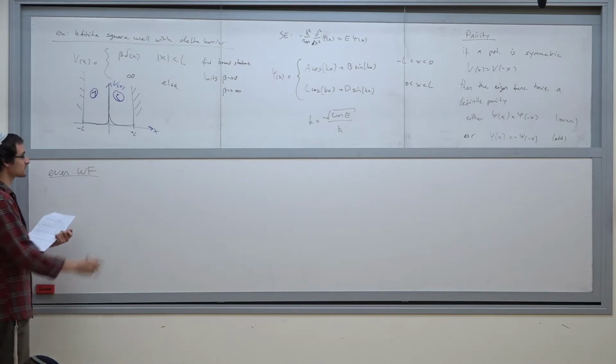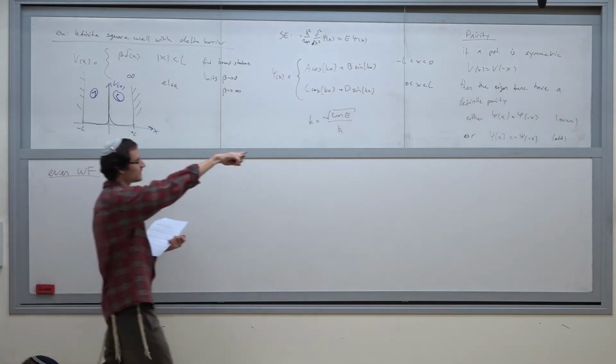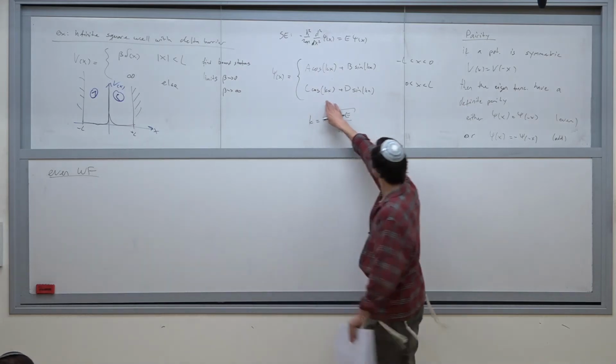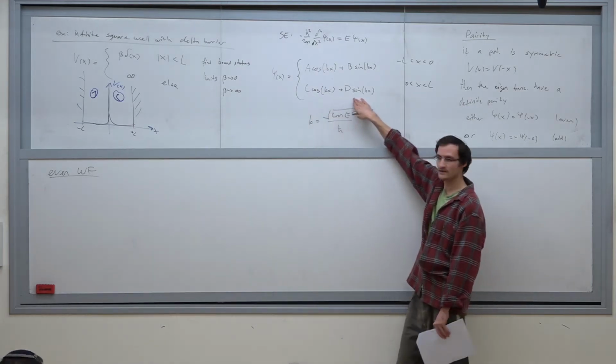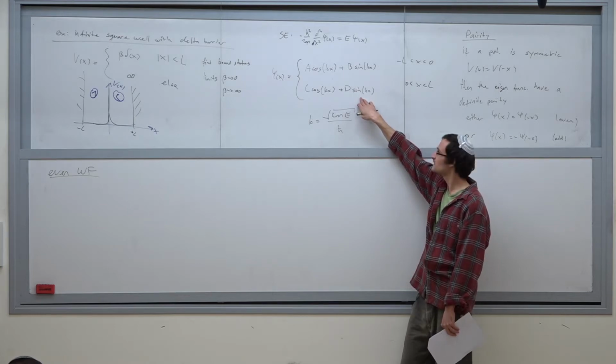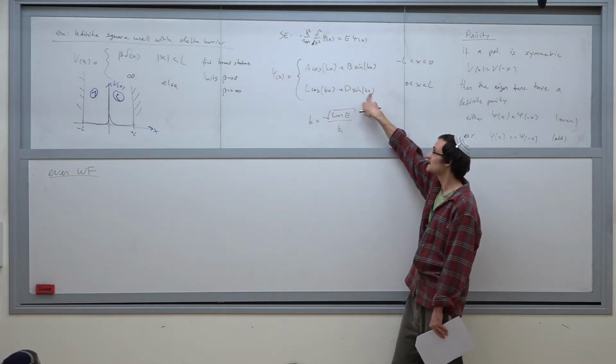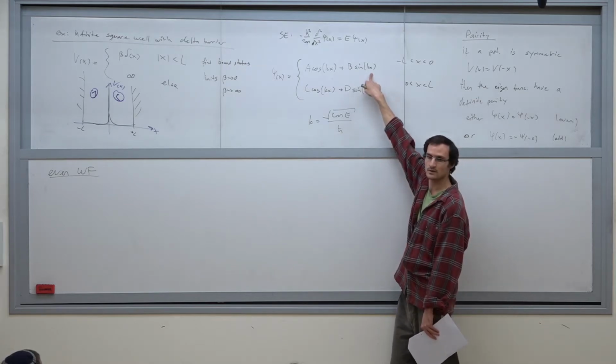So the even wave functions satisfy that psi of x equals psi of minus x, which means that if I take, say, this part, exchanging x for minus x, it must be equal to the top row. Anyone sees that?